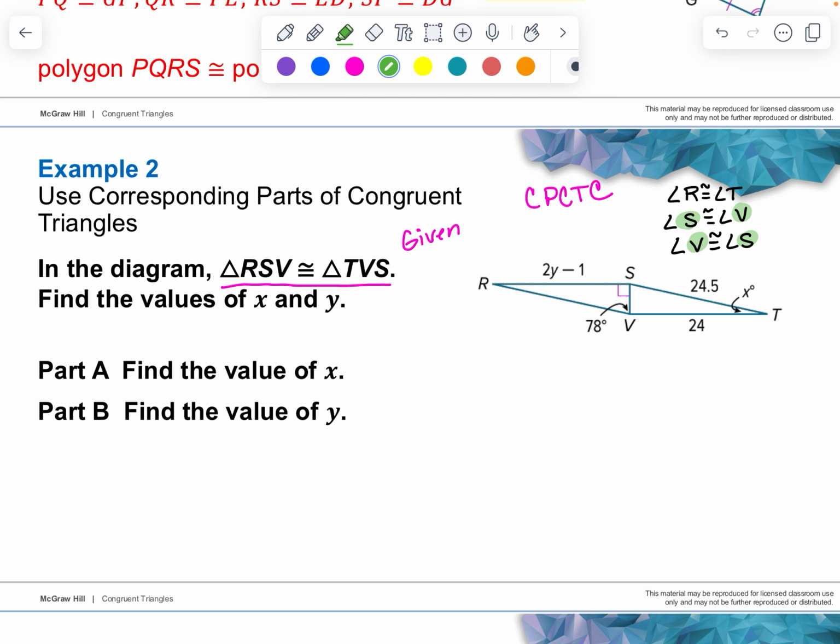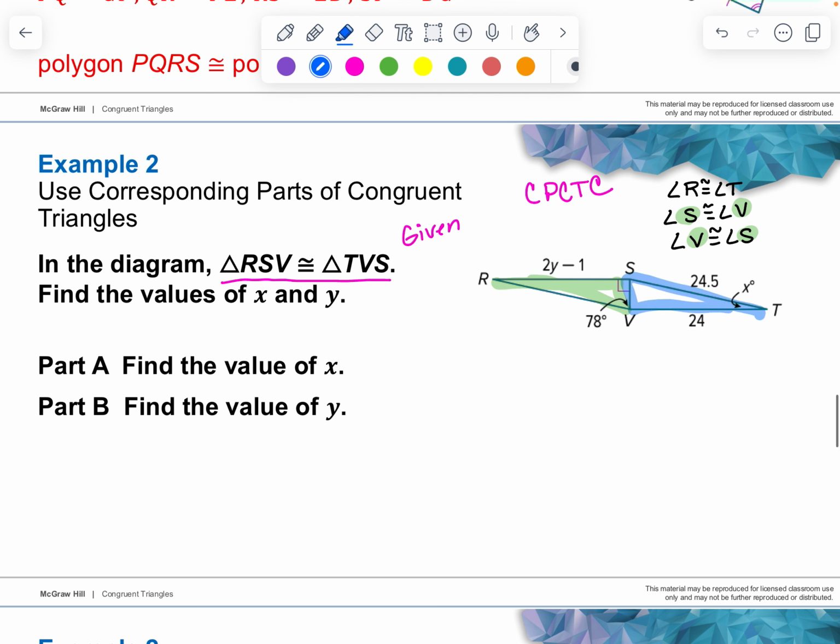That's because we've got two triangles, one's here and one's here. We're going to kind of have to watch because, let's see if I can erase the colors. Oh, there we go. Let's put that angle back in there. Let's see, RSV is on this side, so this S and this V are on this side, and the blues are on this side. There we go. So we have to kind of watch ourselves just a little bit there.